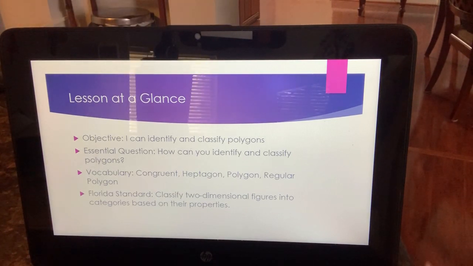And you're going to be hearing some words like congruent, heptagon, polygon, regular polygon, and I'm going to ask you to memorize those as we go along. But don't worry, we have a few days to do that, okay? So Florida requires that we learn to classify two-dimensional figures into categories based on their properties.